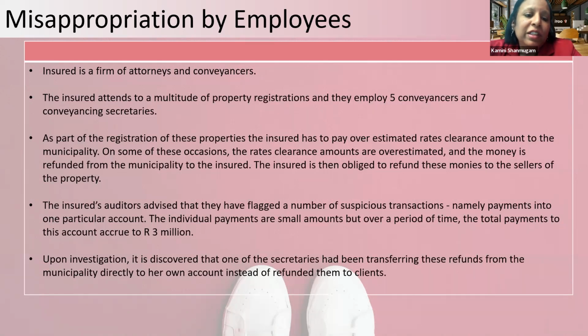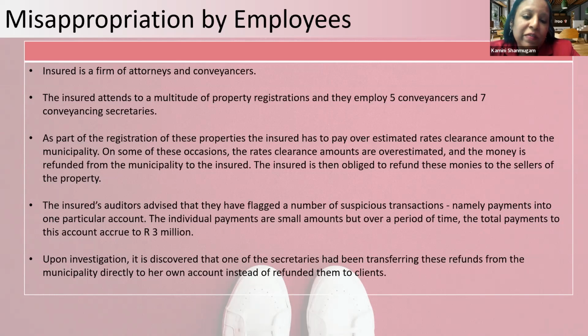As a part of the registration of these properties, the insured has to pay over estimated rates clearance to the municipality. On some of these occasions, the rates clearance amounts are overestimated and refunded by the municipality to the insured. The insured is then obliged to refund the monies to the clients on the properties.